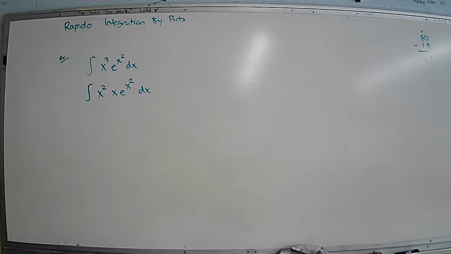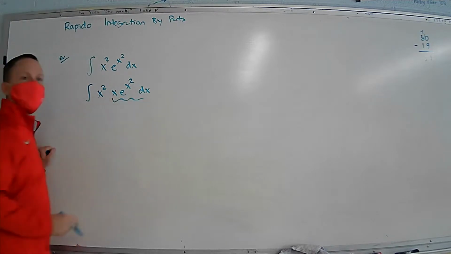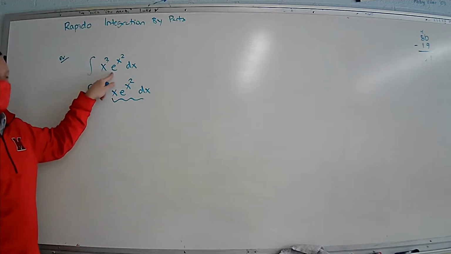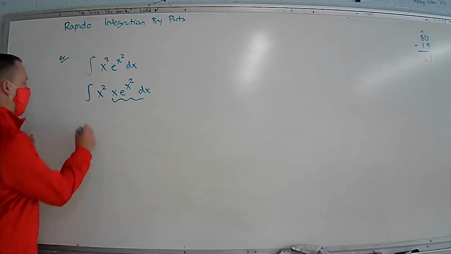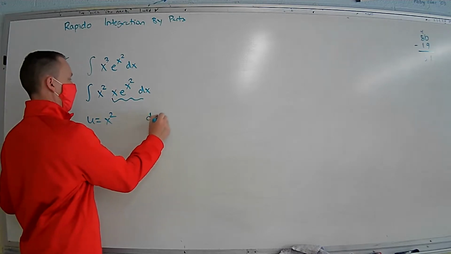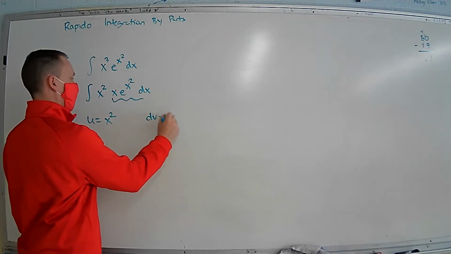Thank you, Sam. Why would I do that? It's pretty easy to do: e to the x squared times x. You can use substitution. Because this right here is an antiderivative I can do. I couldn't do it when it was e to the x squared. So now let's do it by parts. U is x squared. dv. We're not going to do it rapido. We're just going to do it regular.